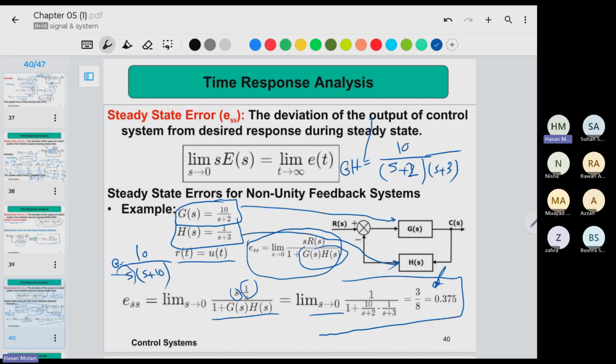So since there is no integrator, it cannot reduce the error to zero for the simple unit step function. Just by looking at the transfer function, you can say that the error is not zero for a unit step. You just need to count how many integrators the system has. The more integrators it has, the higher the order of input it can respond to with zero error.